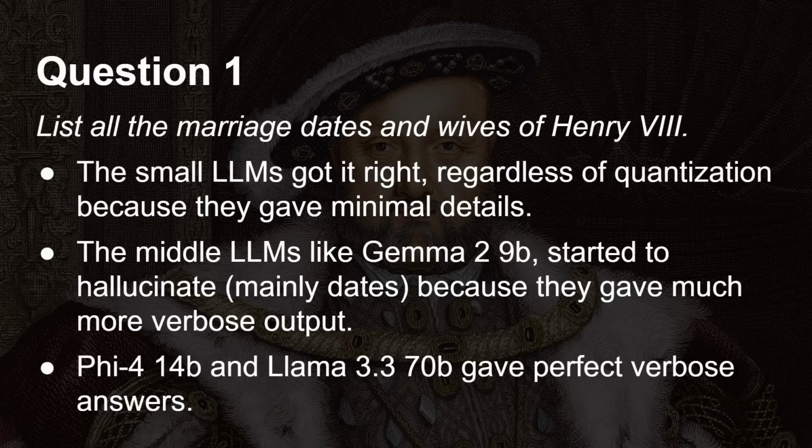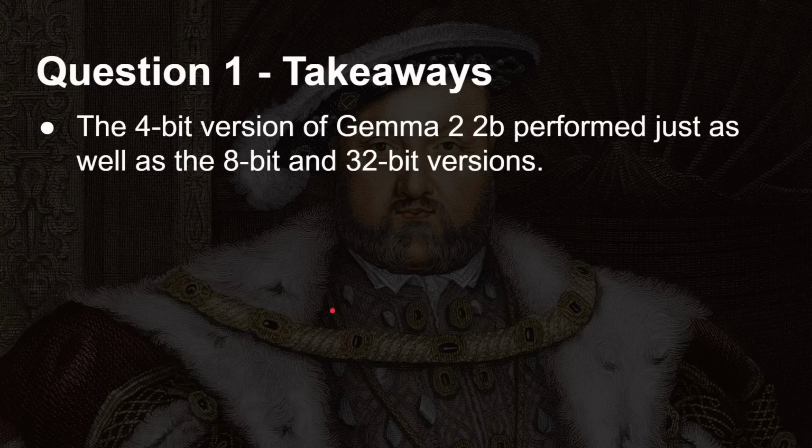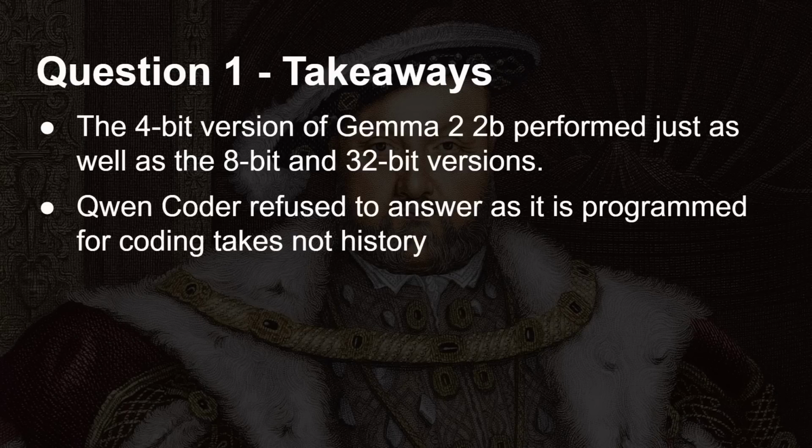Now maybe you could change the prompt to reduce the amount of output, and that would be an advantage. Just to clarify, when I said all the smaller LLMs, I meant the 2 billion and above. The 1 billion one still doesn't do a good job. So the takeaway is that the 4-bit version of Gemma 2 billion performs just as well as the 8-bit and 32-bit versions. This is our first clue that the 4-bit versions work just as well.